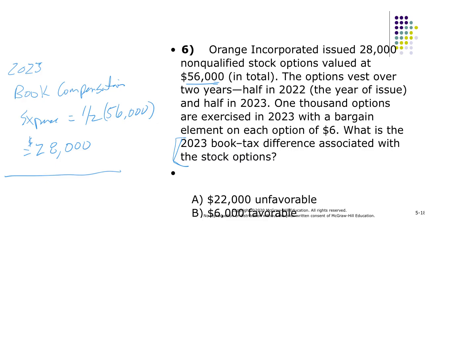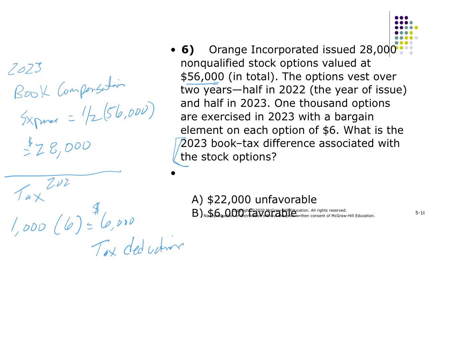But then what do we have from a tax perspective? Well, we know that 1,000 options were exercised in 2023, and they each had a bargain element of $6. So that's $6,000 of a tax related deduction in 2023.